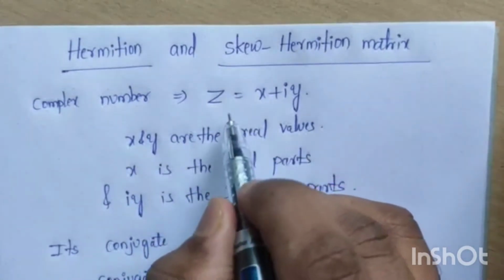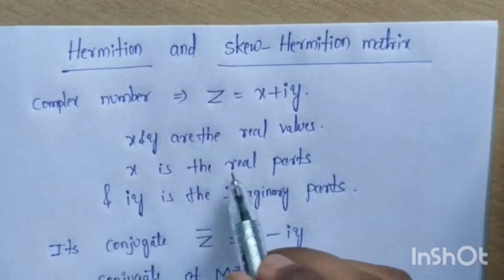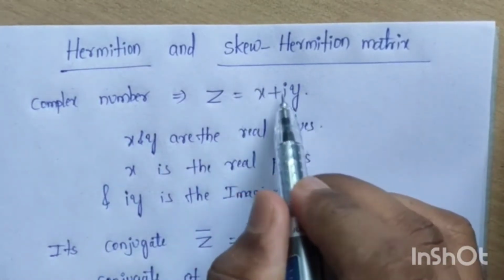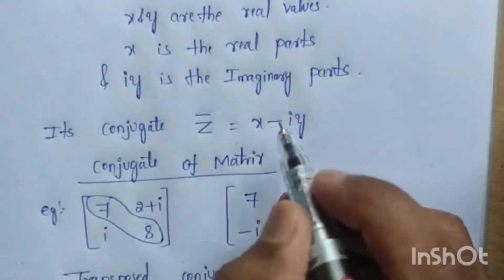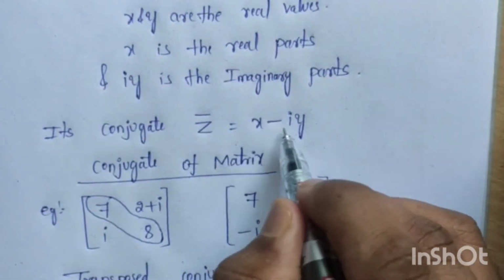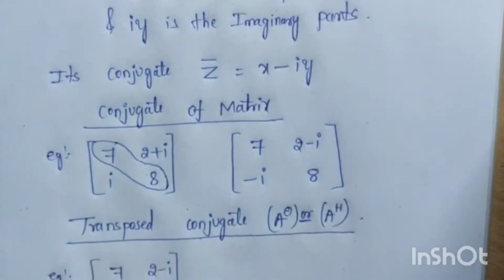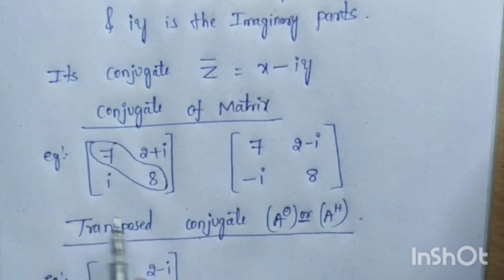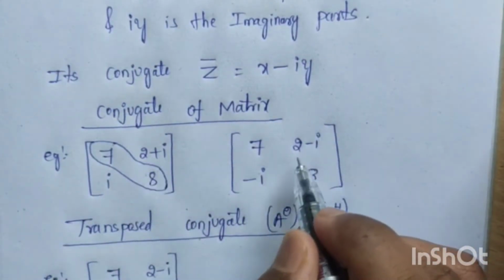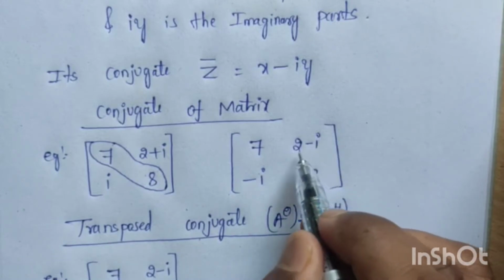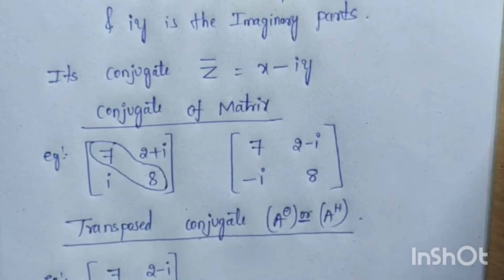Complex number z equals x plus iy. x and y are the real values. x is the real part and iy is the imaginary part. Its conjugate: x as it is, minus iy. Conjugate of a matrix, take one example: 7 and 8 as they are, the positive term becomes negative, 2 minus i, and only i becomes minus i.